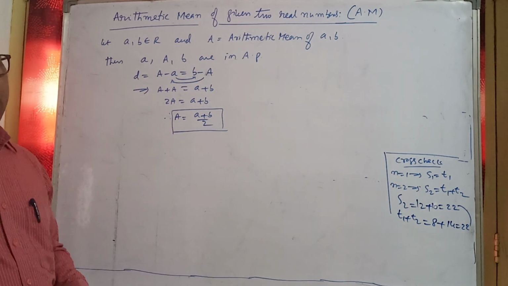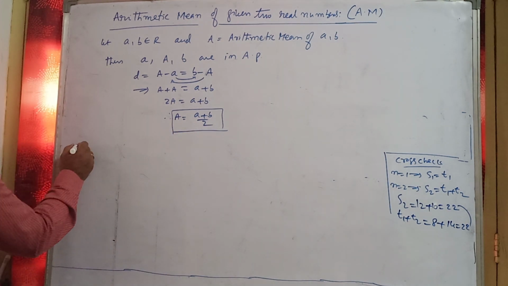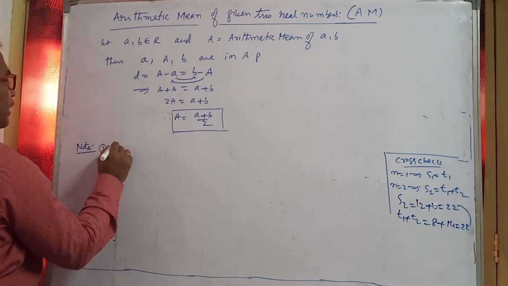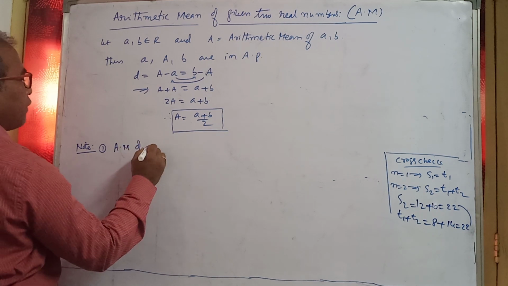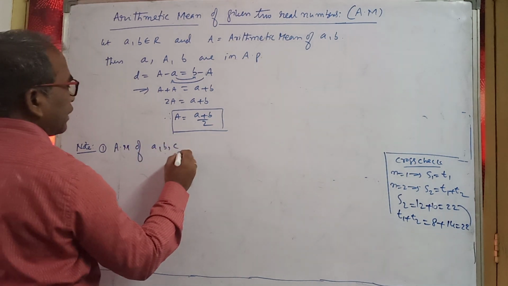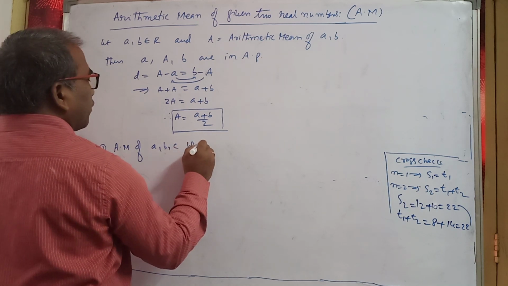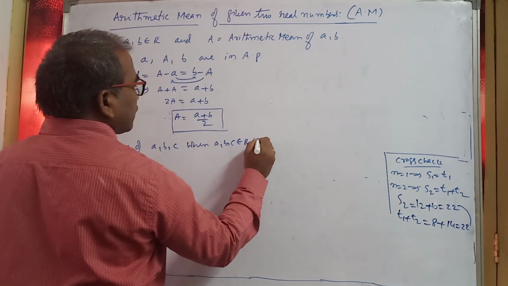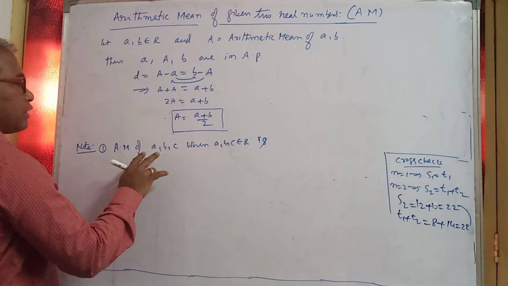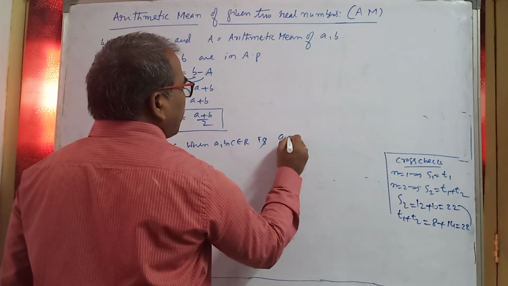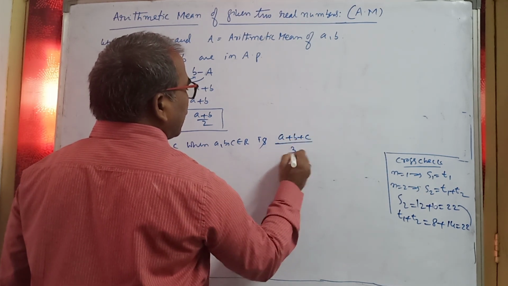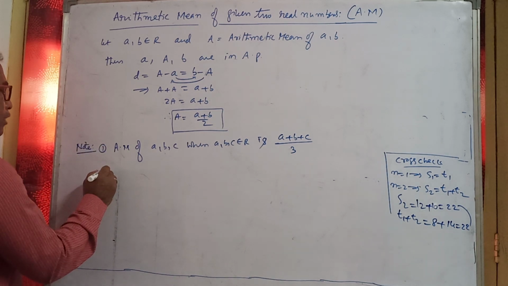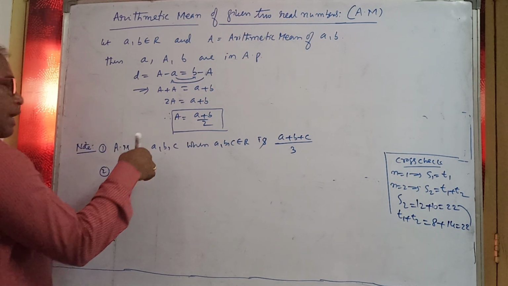Suppose there are three numbers. The arithmetic mean of three numbers a, b, c, where a, b, c belong to R, is (a plus b plus c) by 3. So this can be extended like this. Suppose there are n terms.